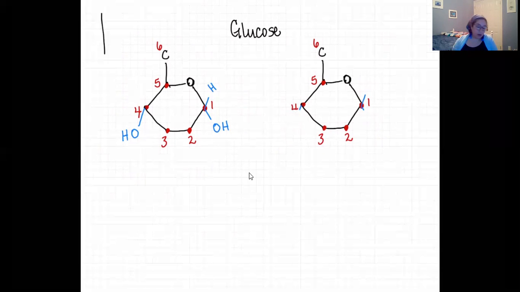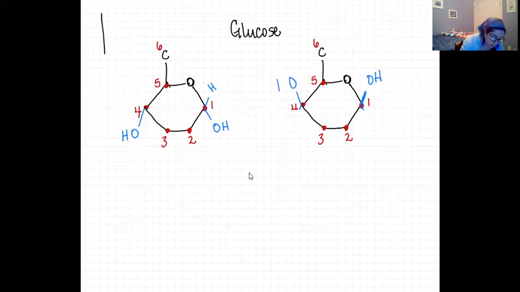Okay, now when I draw those hydroxyl groups at carbon number 1 and 4, I can change the direction in which they are pointing. So now I can draw them pointing upwards, for example, like this. And that's a big difference.